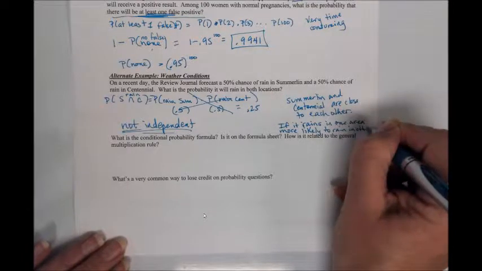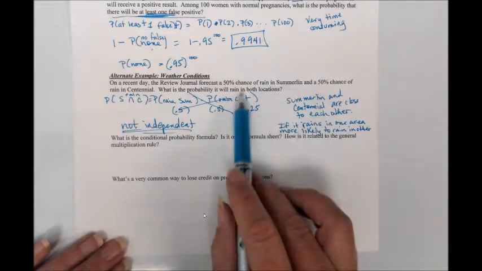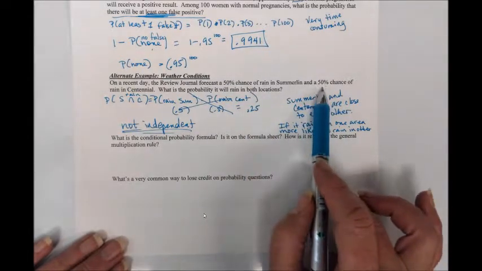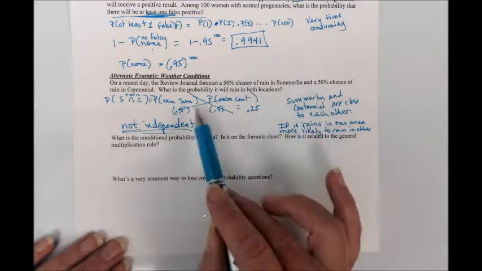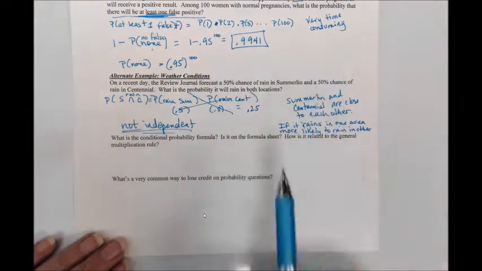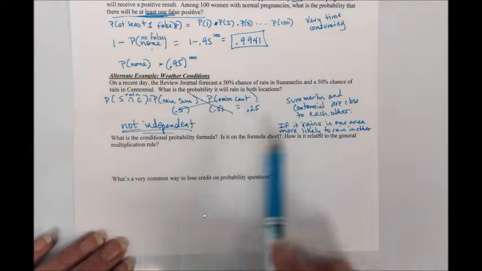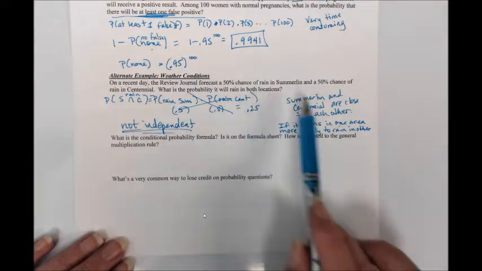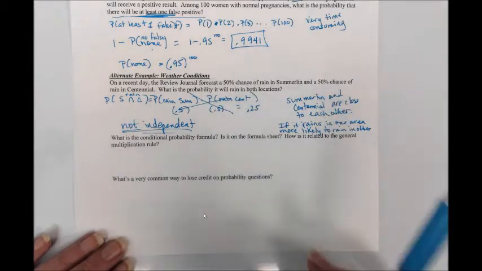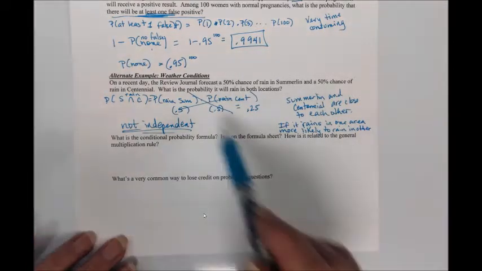In other words, if I know that it's raining in Summerlin, then that's not going to be 50% anymore. That's going to be higher, or vice versa. It doesn't say that they are independent like it did up there in the pitching one. Because these are close to each other, they're not independent, because what I know about one affects the probability of the other. So I can't do the work like that.